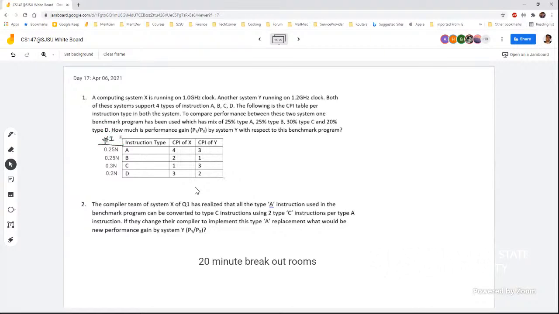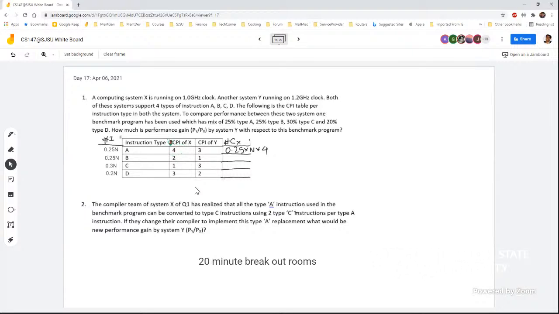And that means I can compute the number of clock cycles for X like this, right? This is 0.25 multiplied by n multiplied by 4, right? 4 is coming from here. This is clock per instruction, which is 4.